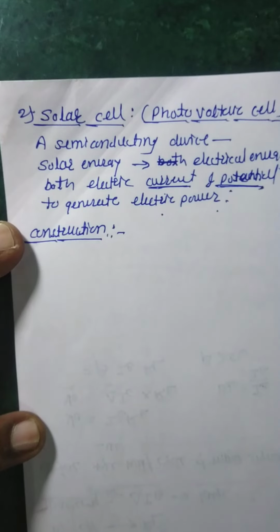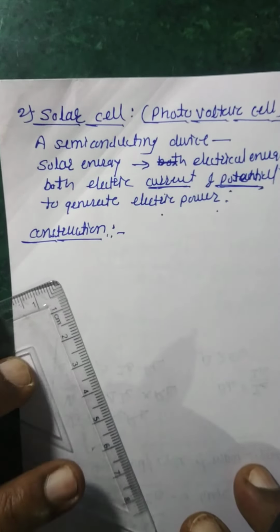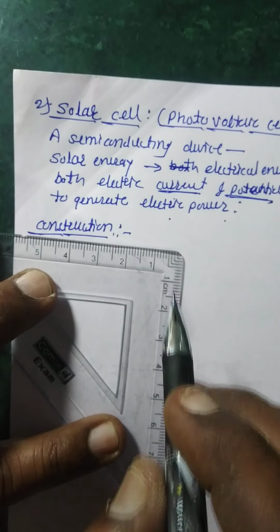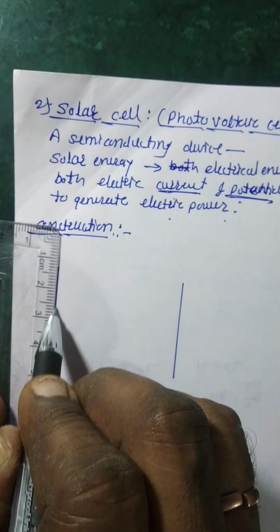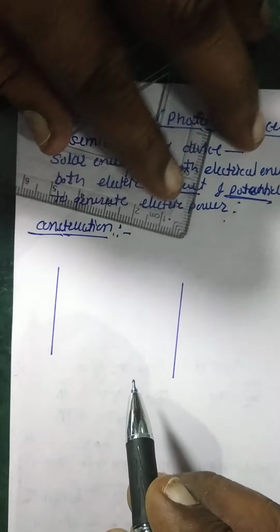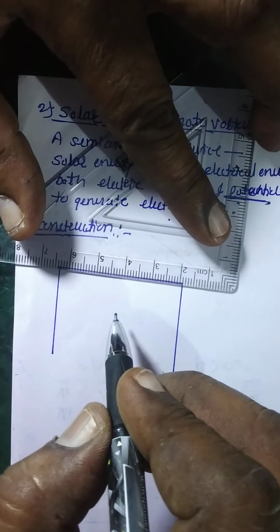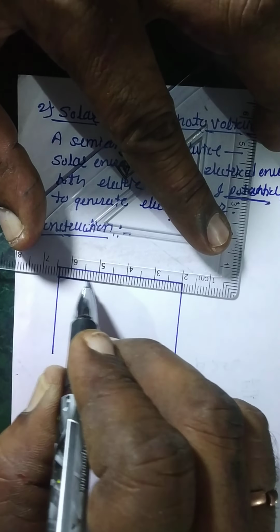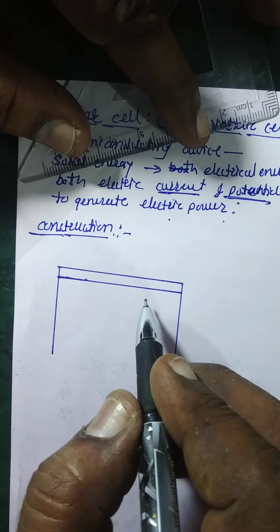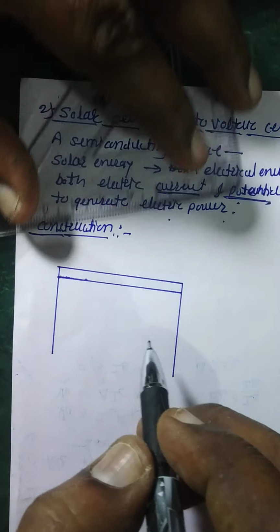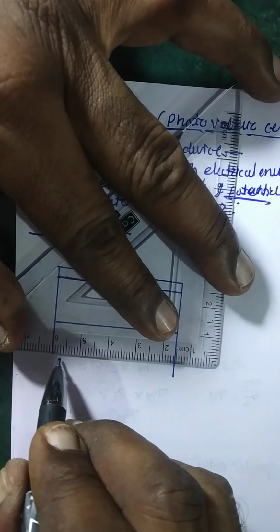Construction. It consists of a PN junction diode like this, in which the N-type semiconductor is extremely thin and is deposited on a thick p-type material.